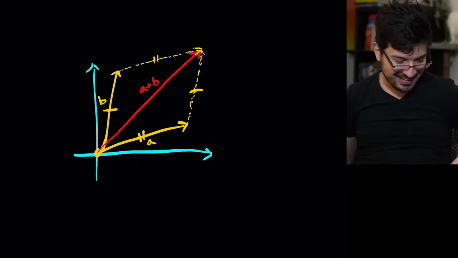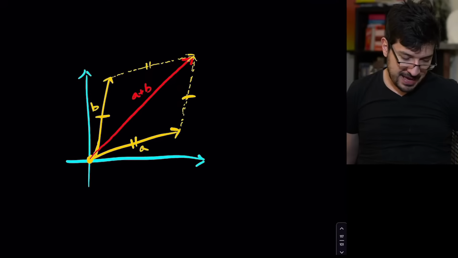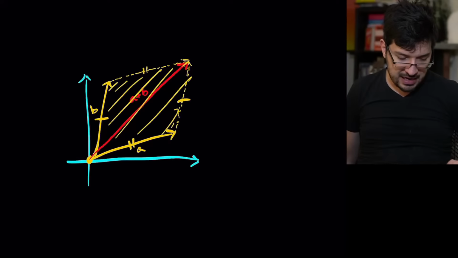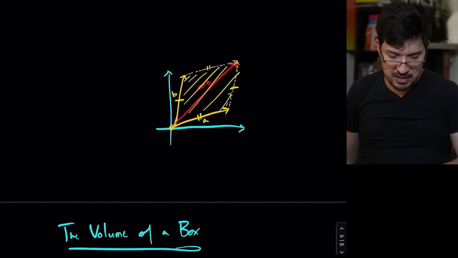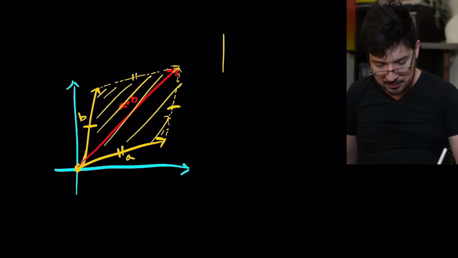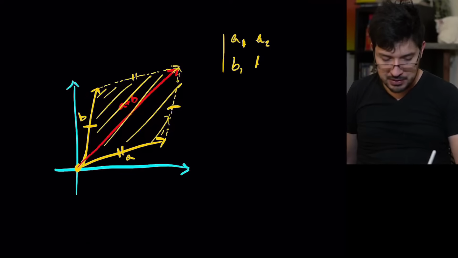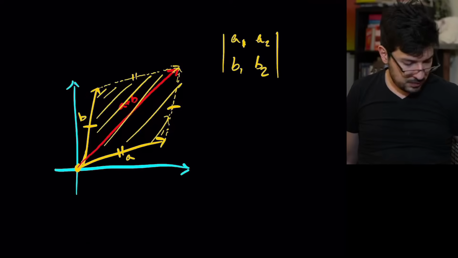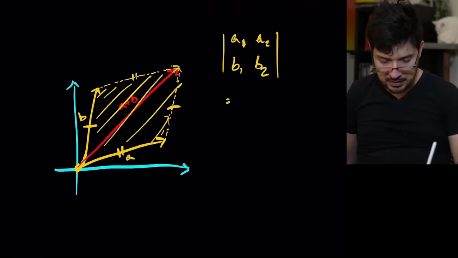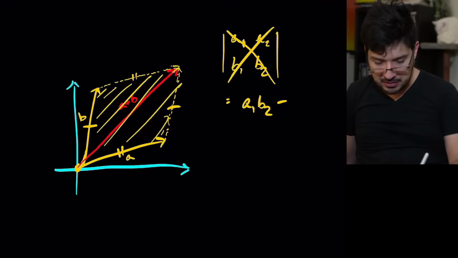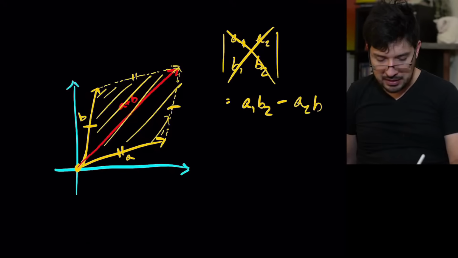a little bit better. All right, and then if we wanted to know the area of this, we go through all those calculations, but what the determinant says is, with A1, A2, B1, B2, the determinant is this diagonal, A1 B2, minus this diagonal, A2 B1.